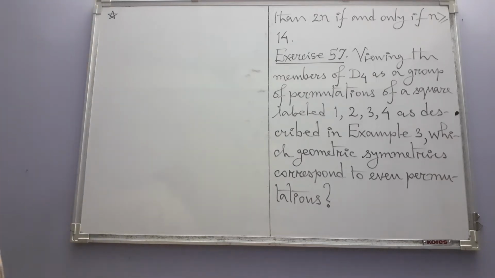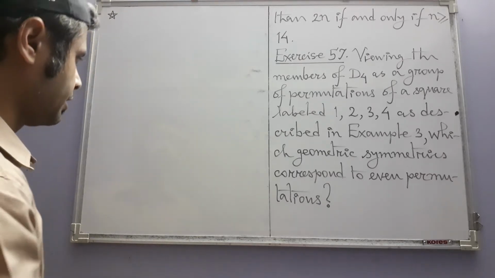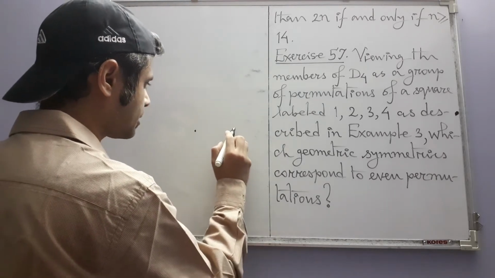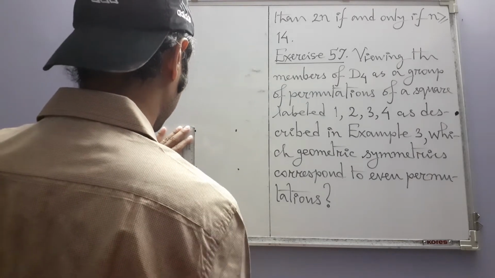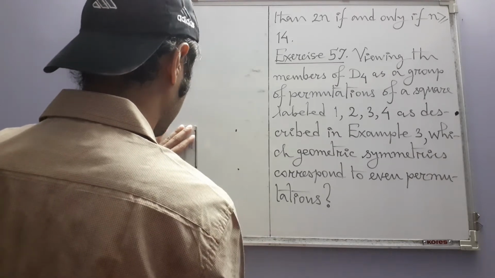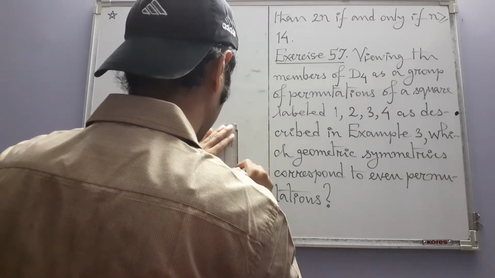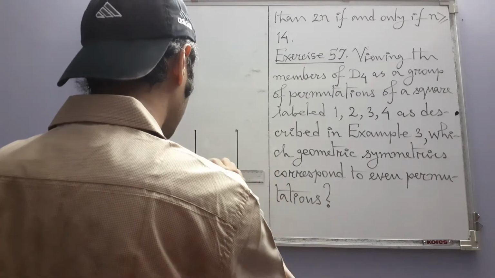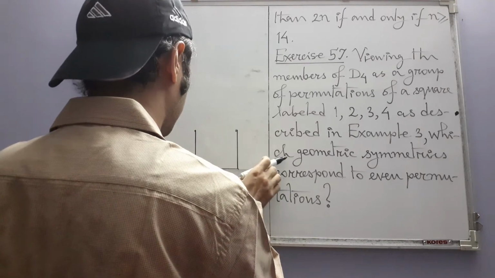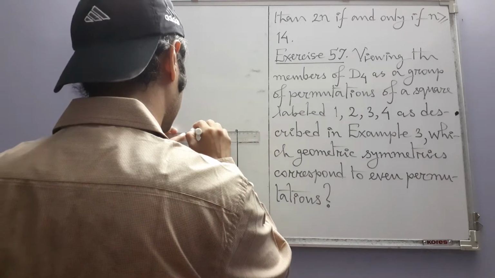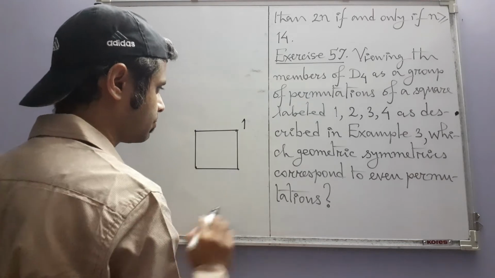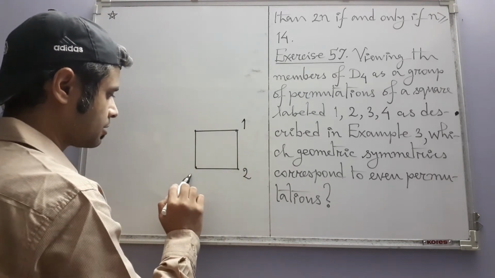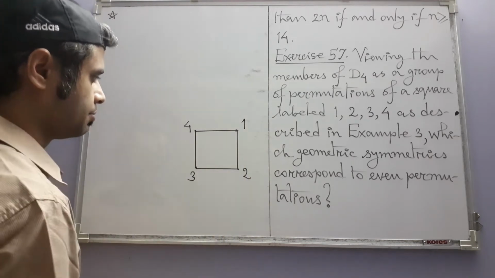So if we draw a square, say like this, it won't be perfect, we just have to see what the thing means. Say this is your square. And you can of course name the vertices like this in whatever manner you want.